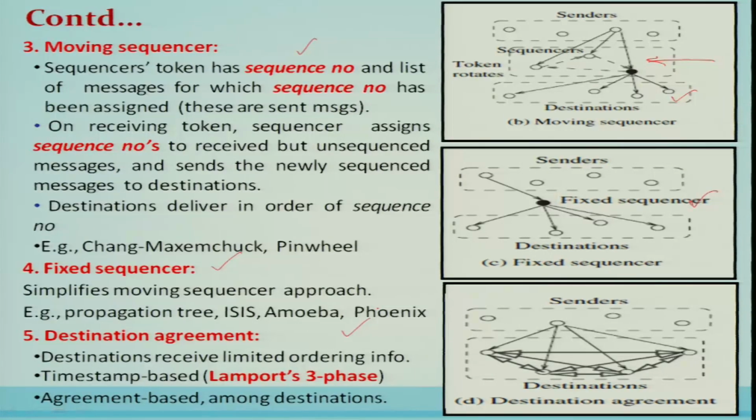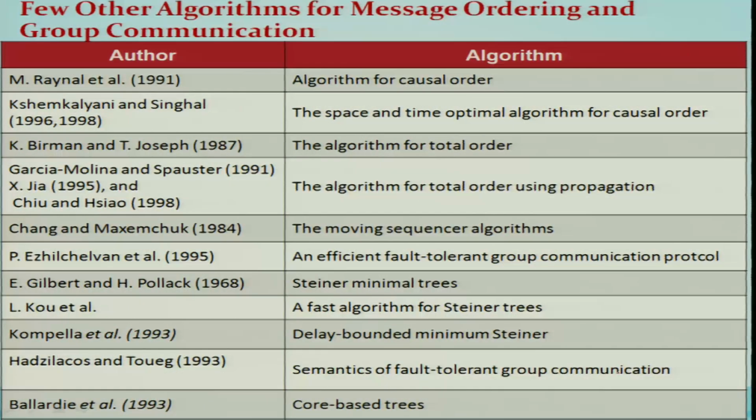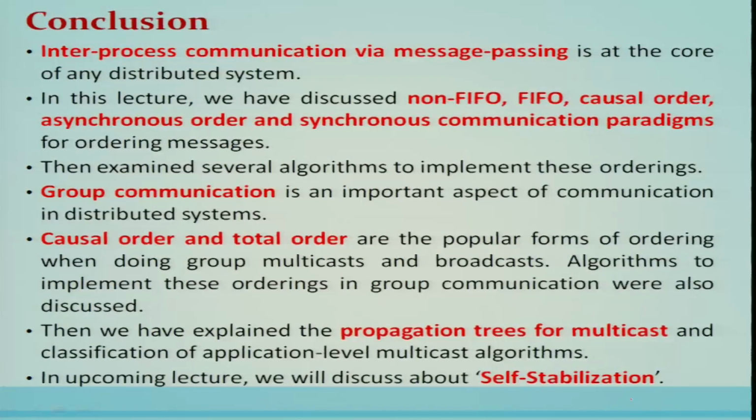In destination agreement, the ordering will be done among the destinations. Destinations receive limited ordering information, and using Lamport's time based 3-phase algorithm, the agreement will be evolved. A few other algorithms for message ordering and group communication are available in the literature that are listed over here.